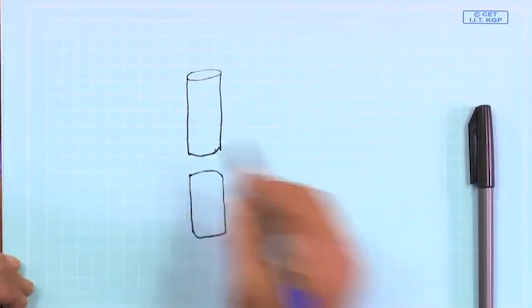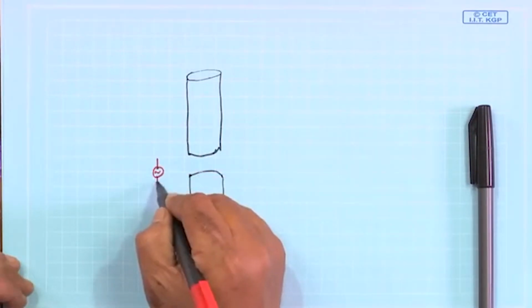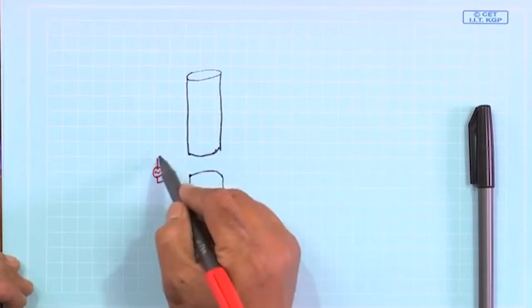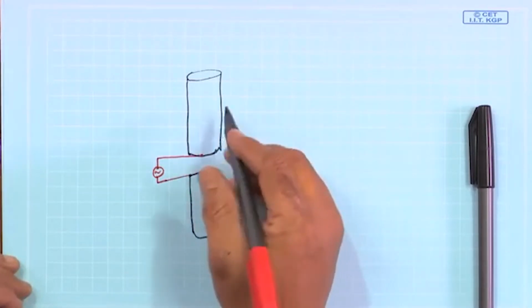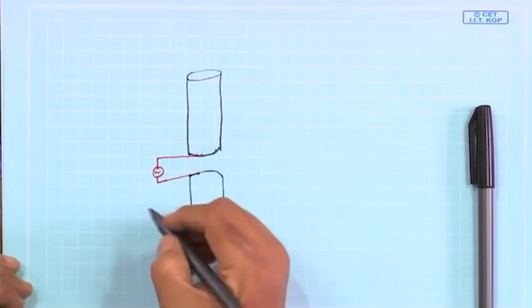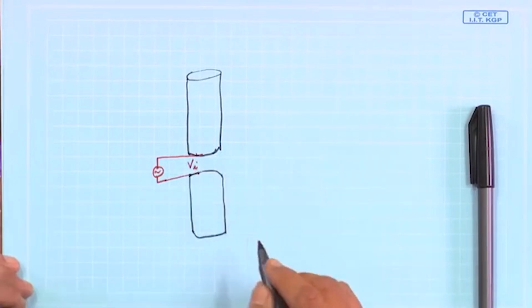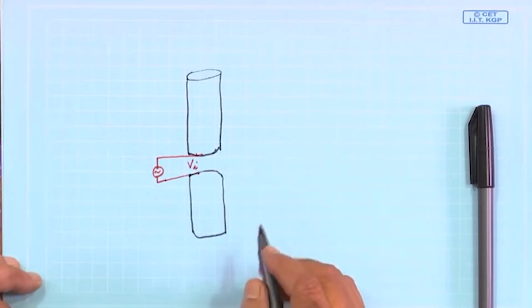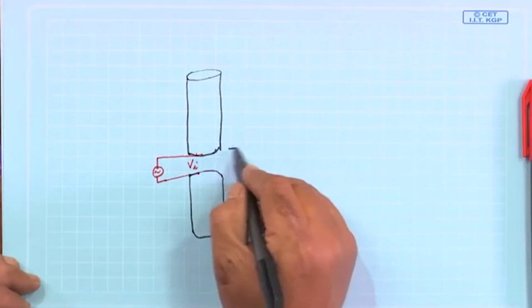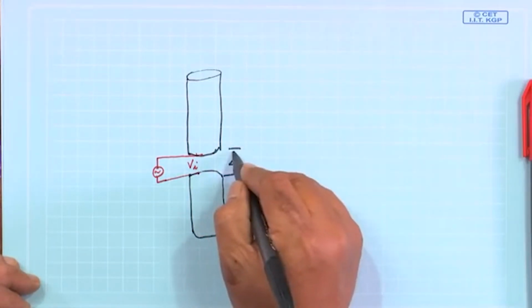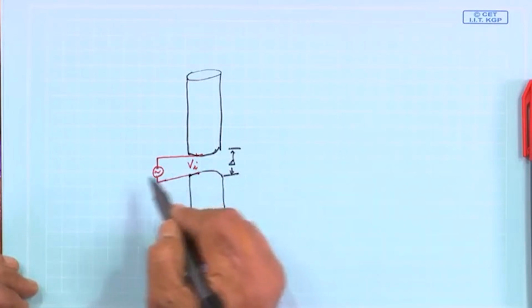In this gap we put some feed whose job is to put the voltage generator. Let us say this is an impressed voltage, and this gap is delta.